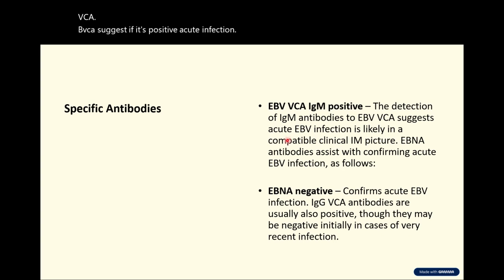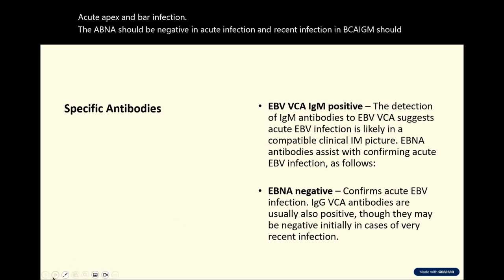And if we have EBNA negative, it will confirm acute Epstein-Barr infection. The EBNA should be negative in acute infection, in recent infection, and VCA IgM should be positive in an acute infection.